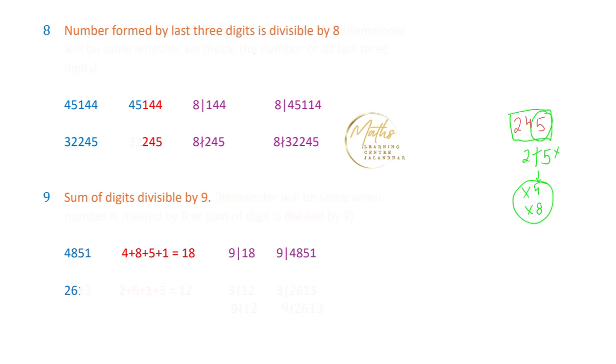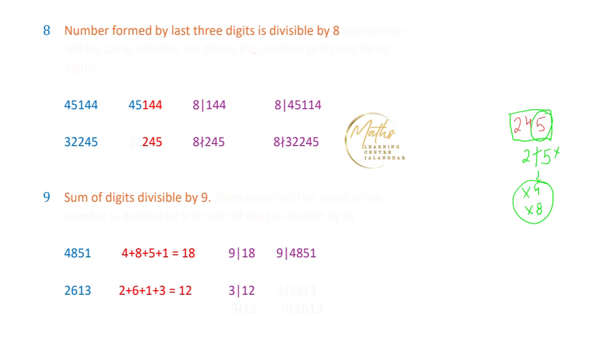Next we consider the number 2613. In this case the sum of the digits is 2 plus 6 plus 1 plus 3, that is equal to 12. Now we are saying 3 divides 12.